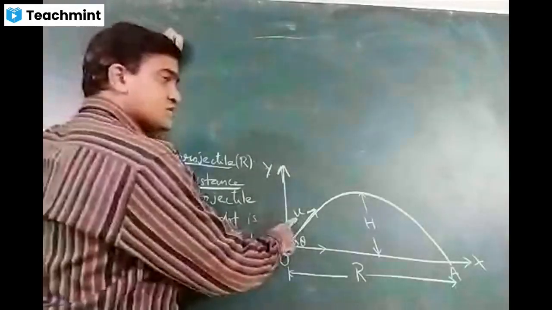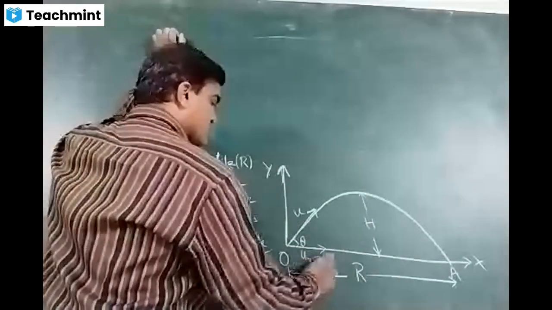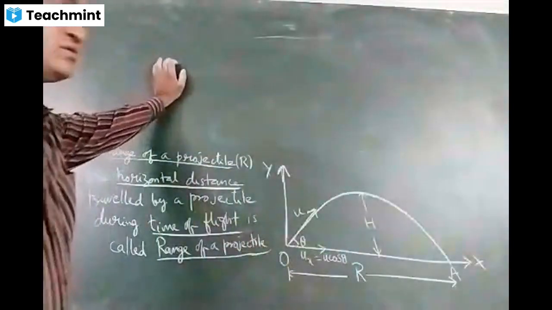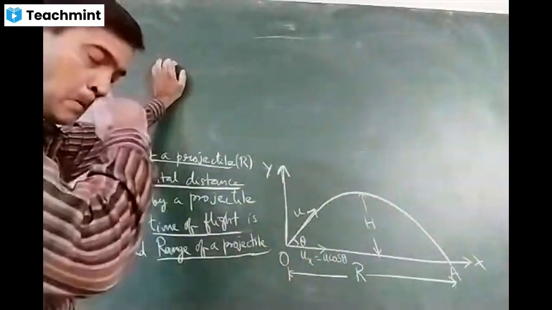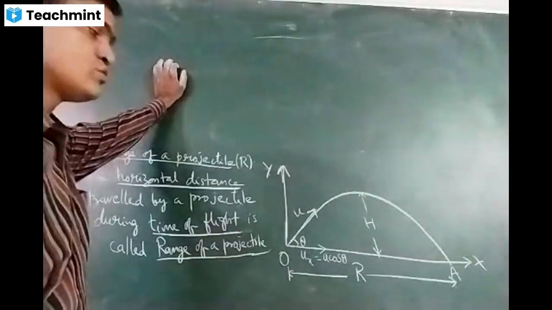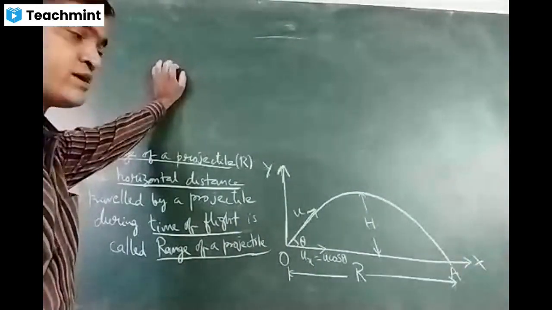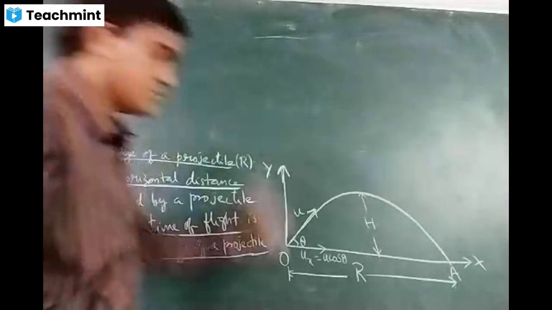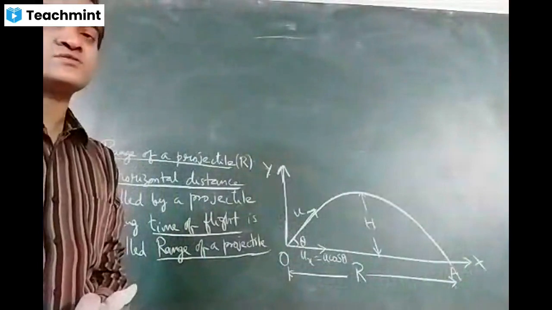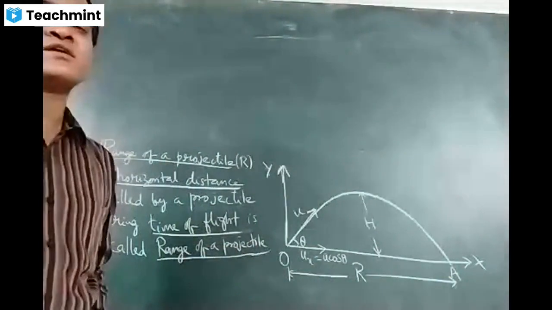If you resolve this velocity into two components, one component is along the x-axis. Ux is equal to u cos theta. I am considering only the x component. Why x component? Why not y component? This is the horizontal distance. In calculating the horizontal distance, I will take only the horizontal component of velocity. I cannot take the vertical component of velocity.